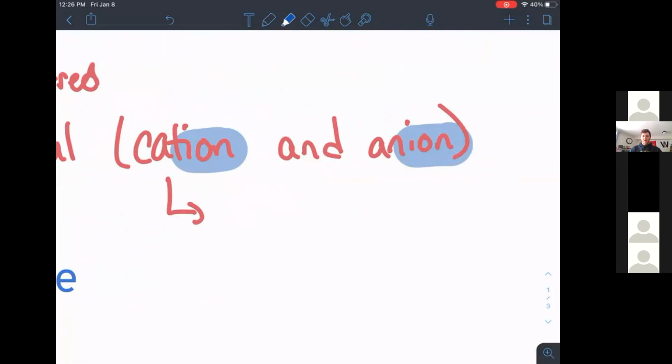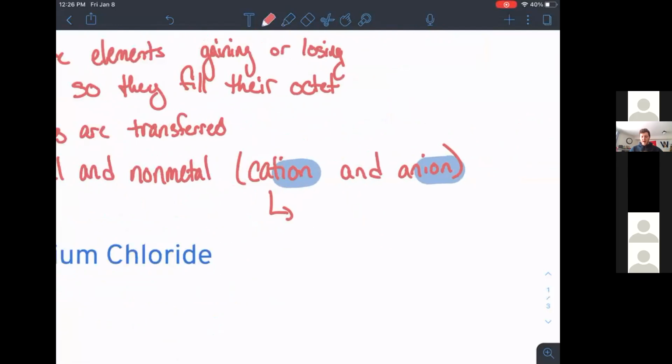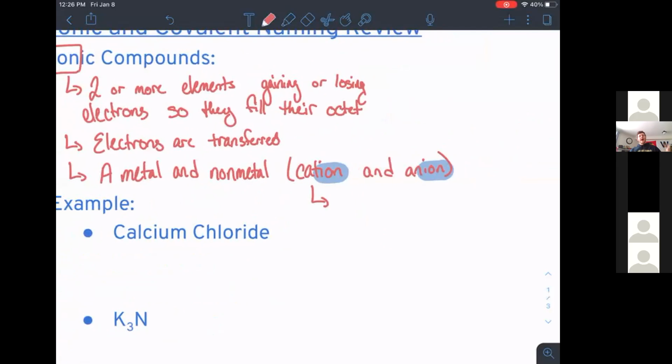You guys have already told me what two types of ions we know. One of them has to be a positive ion, and one of them has to be a negative ion. Which one do you think is positive? Which one do you think is negative? Cation is positive and anion is negative. Awesome. So positive ion, and this one is our negative ion.